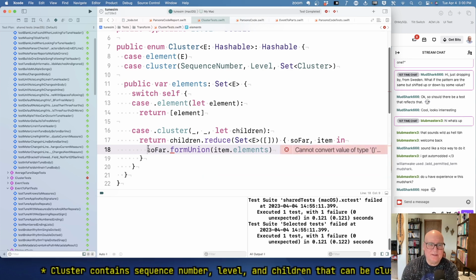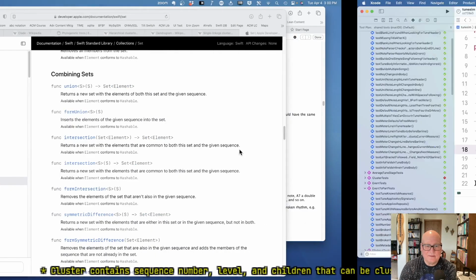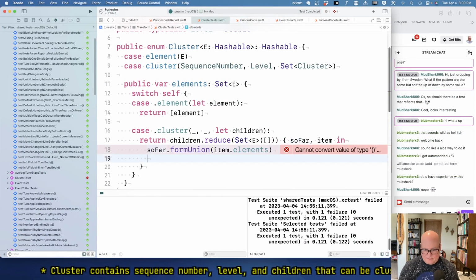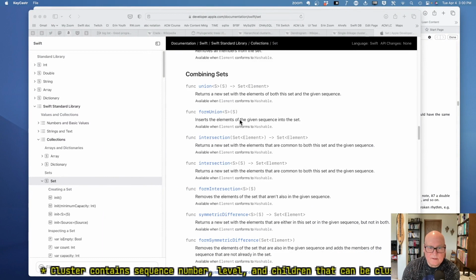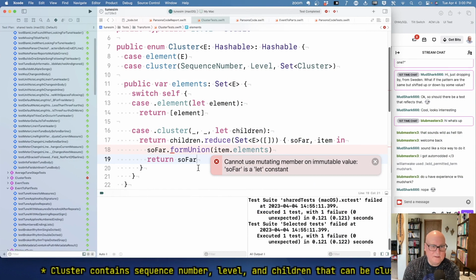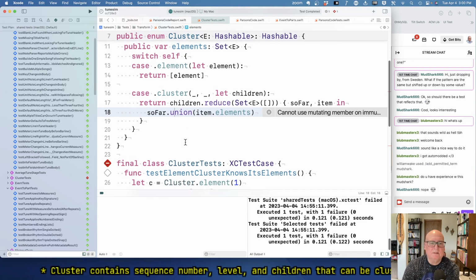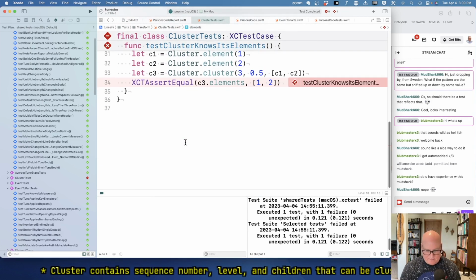Oh. I don't know that I want a new. Okay, we can do this. So let's see, that inserts the elements into a set. It's not a sequence. Oh, so far it's a let. Okay, well, just so far dot union. It should be relatively cheap to form these sets. Okay, I think I'm there.